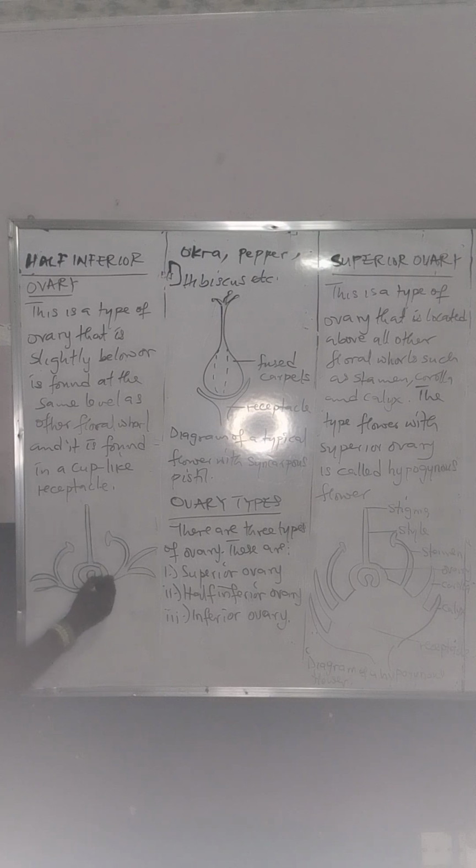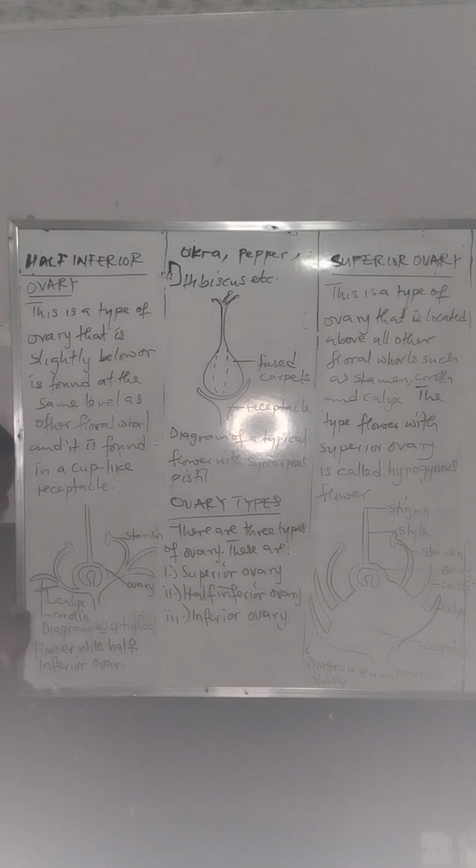So this is the ovary. This is the stamen. This is the calyx. And this is the corolla. So now, diagram of a typical flower with half inferior ovary.